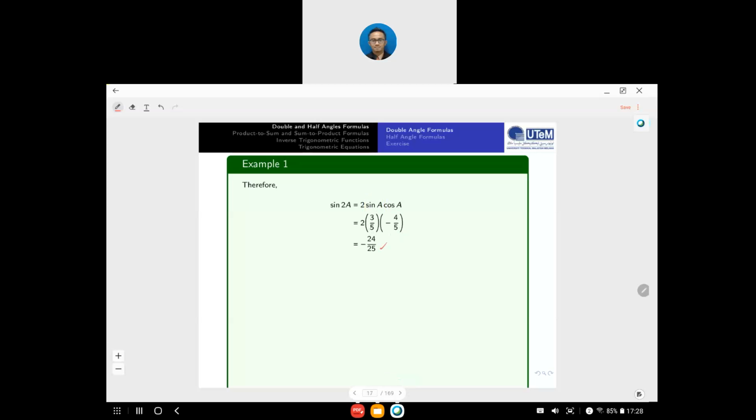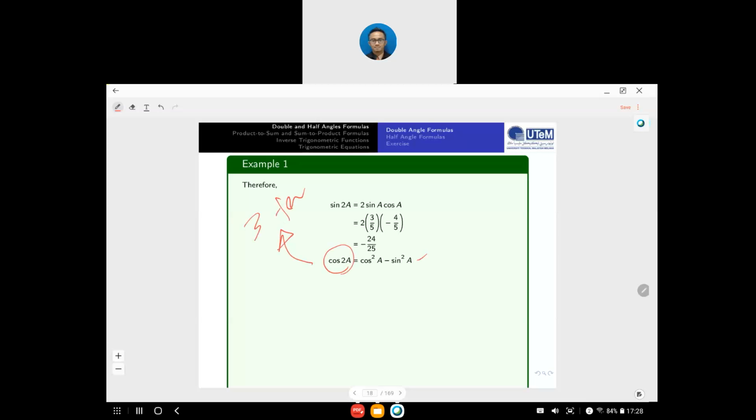Next, we want to find cos 2A. I'm using this formula. It's up to you whether you want to choose 1 minus 2 sin square A pun boleh, or the other one, 2 cos square A minus 1. Sebab kita tahu cos 2A ada 3 formulas. So I choose this one.